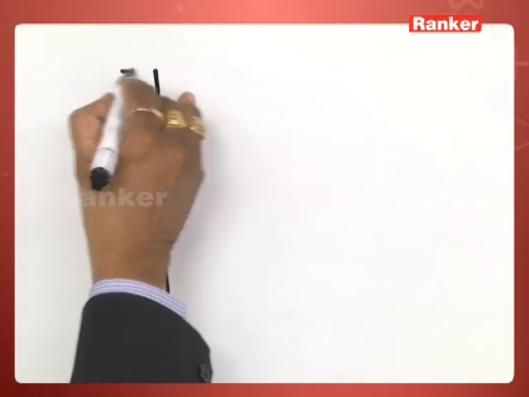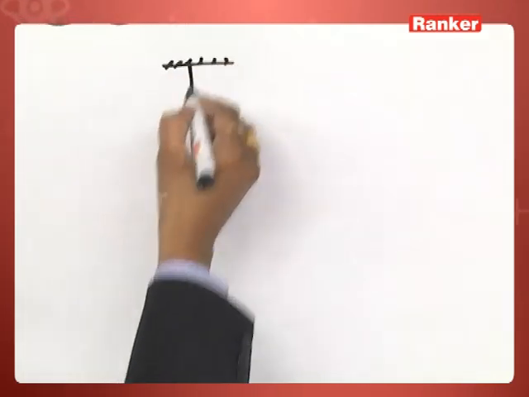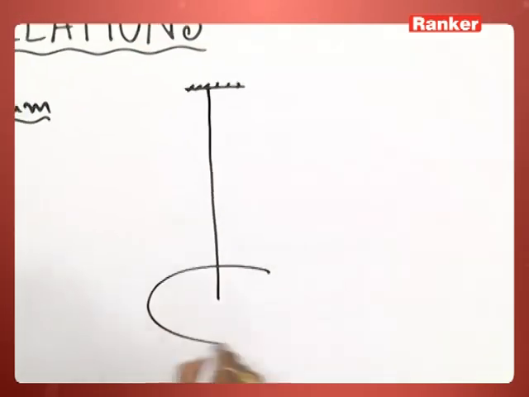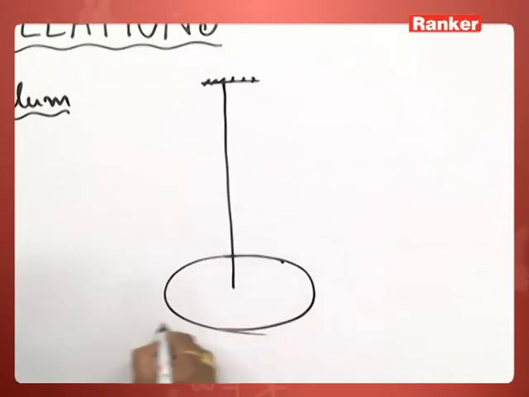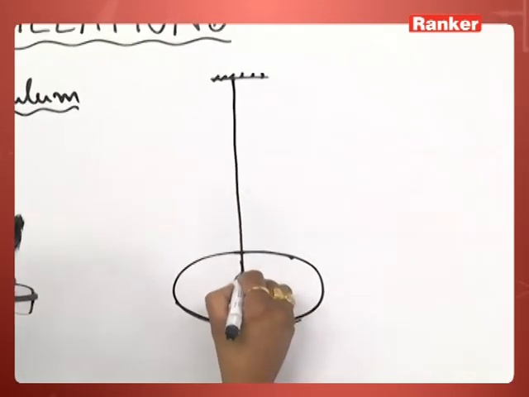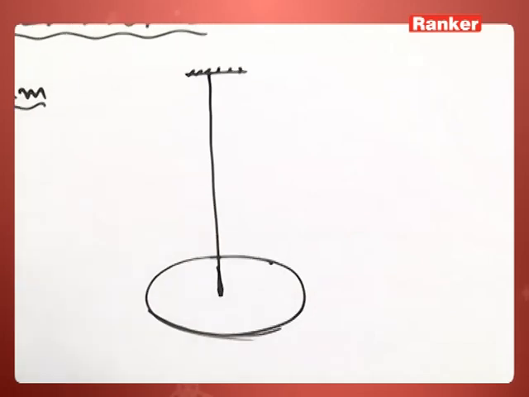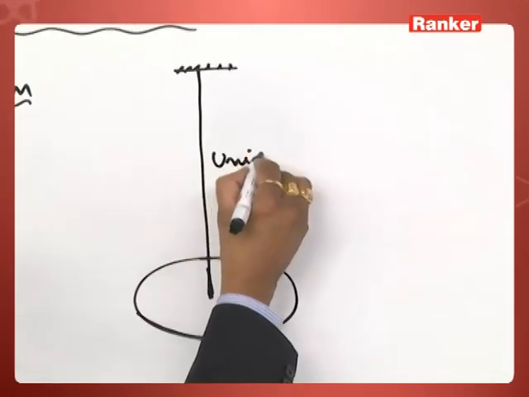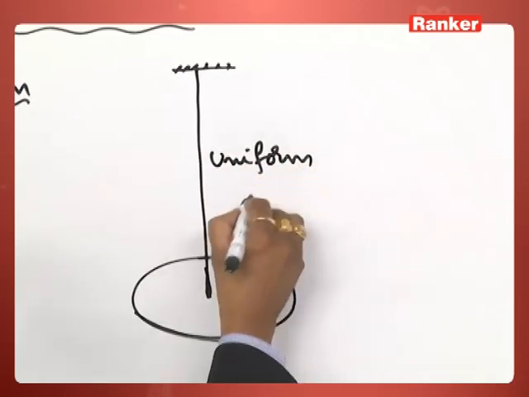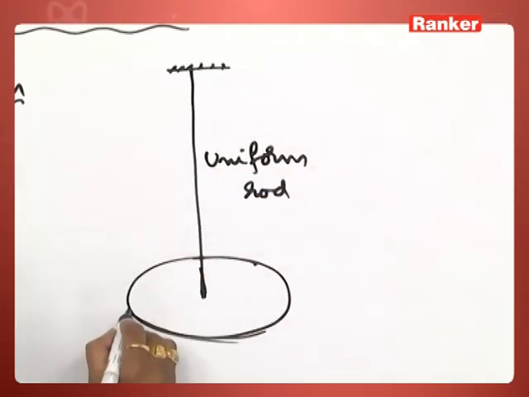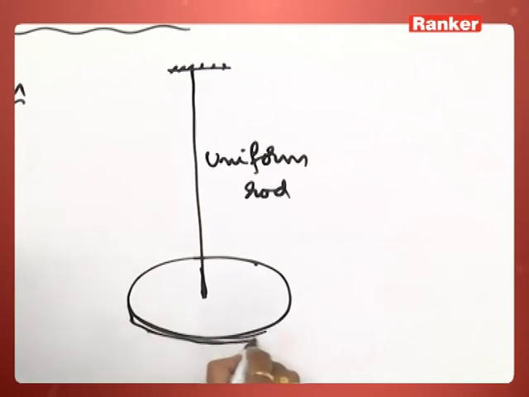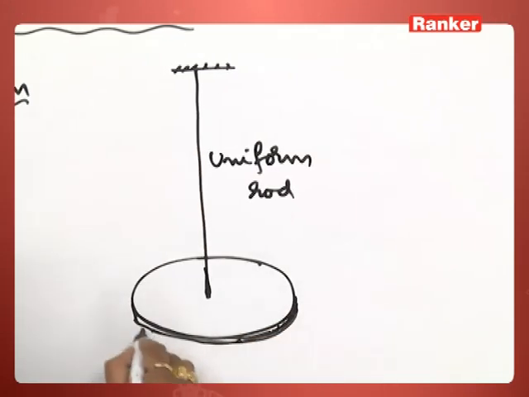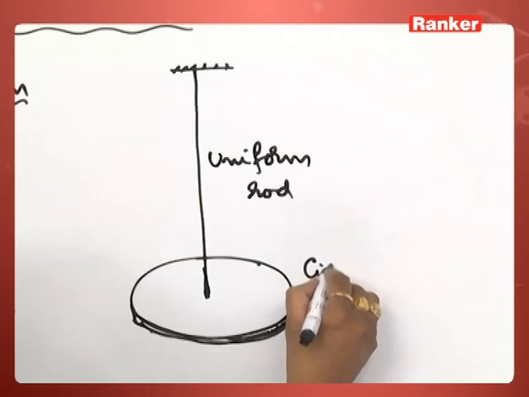A uniform rod will be like this. To this rod, a circular disc will be attached at the other end. This is a uniform rod, and here we will have a circular disc that is attached.